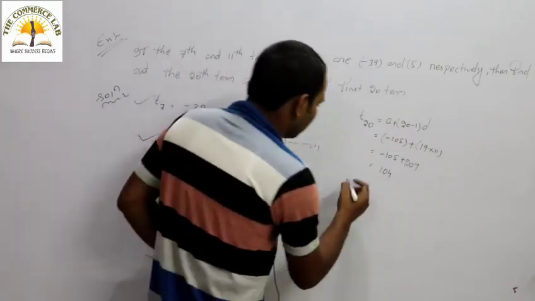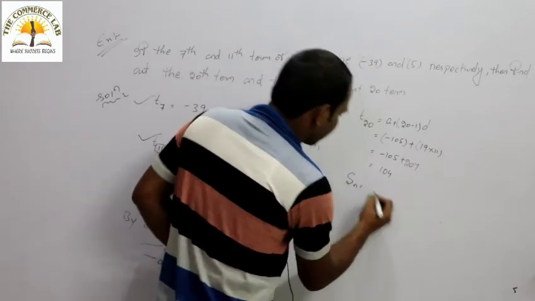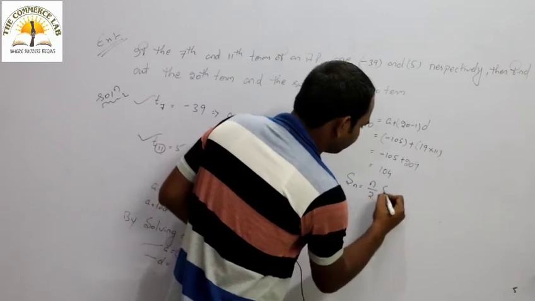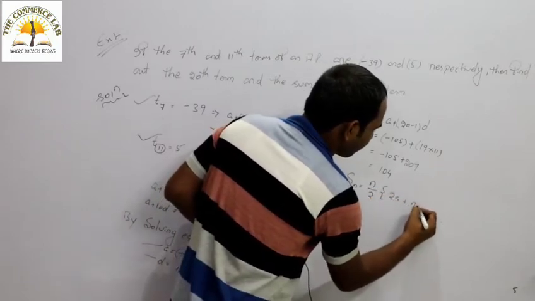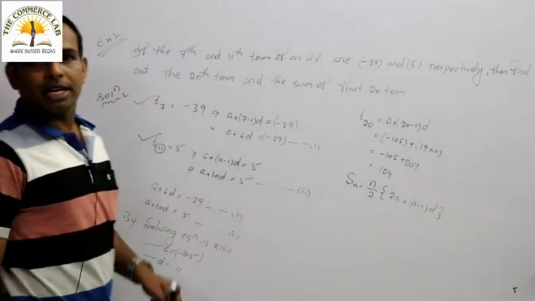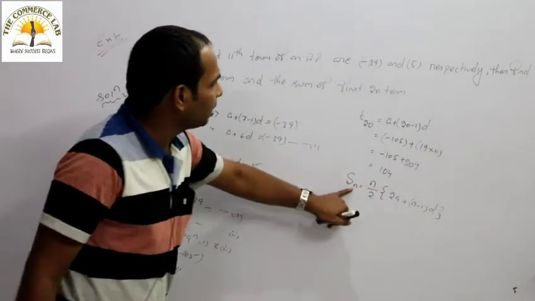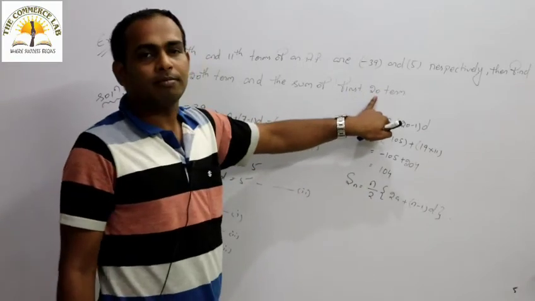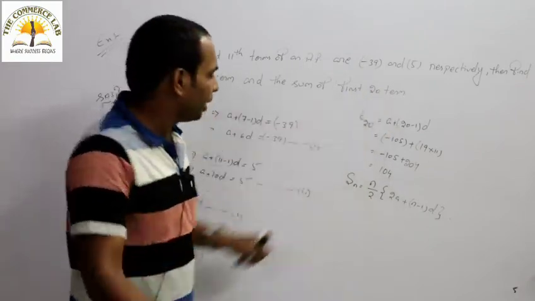That means Sn equal to, we know the formula, n by 2 into 2A plus n minus 1 into D. Here n is 20, because the sum of first 20 terms means n equal to 20.